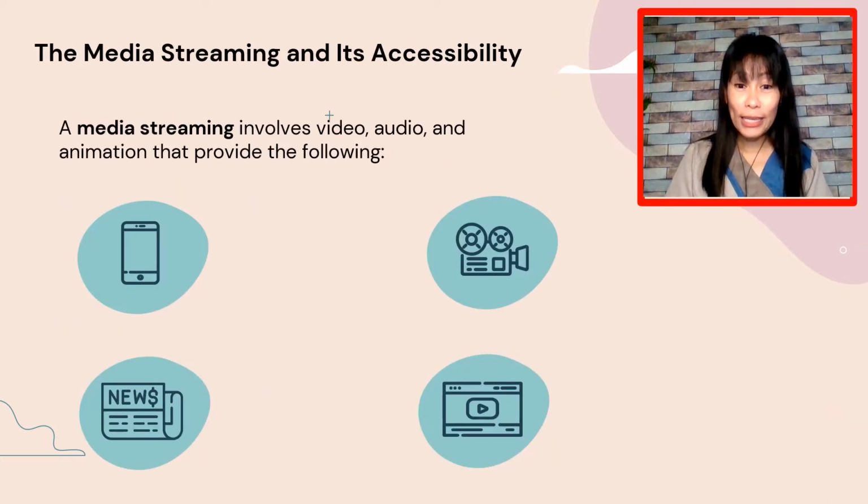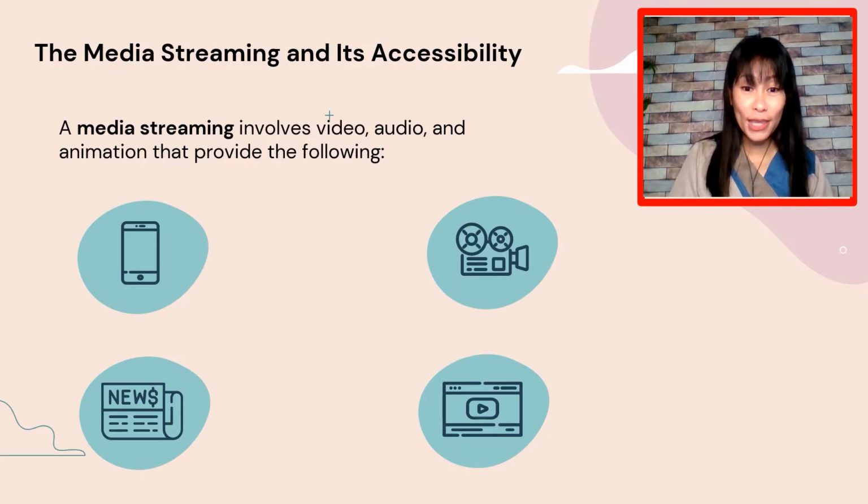Okay, to continue, let's talk about media streaming and its accessibility. When we say streaming, it involves video, audio, and animation that provides the following. Again, streaming involves video, where you can see something. Okay, it is visual.